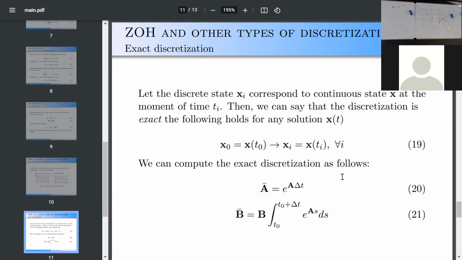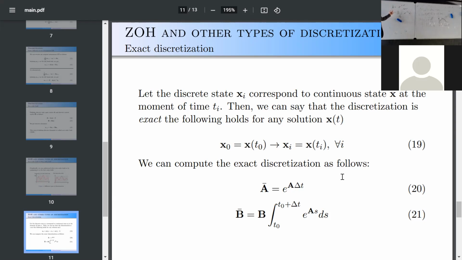And B bar is much more difficult to compute. It is equal to B times integral from T0 to T0 plus delta T of e to the power A s ds. Let me make sure it's correct. Yep. So these are the formulas.